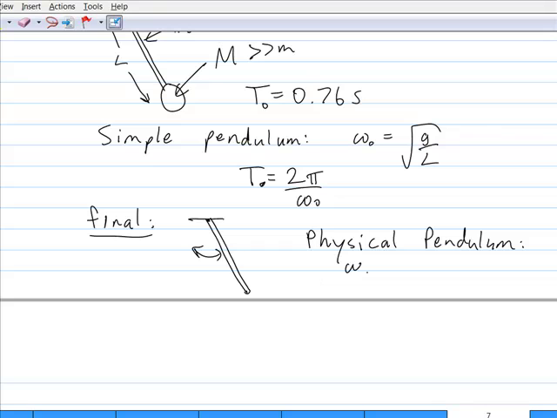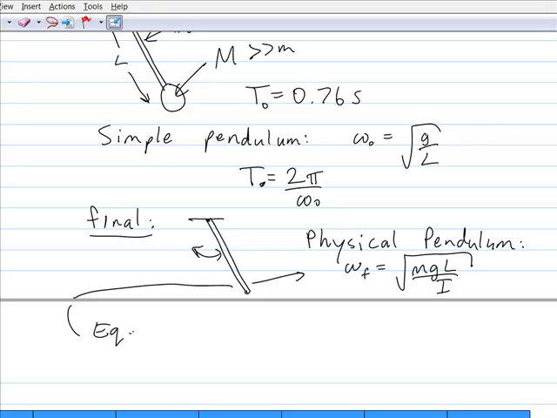We're going to call that omega final, equal to the square root of m times g times L divided by I. This equation, if you want to find it in the textbook, is equation 14.52.